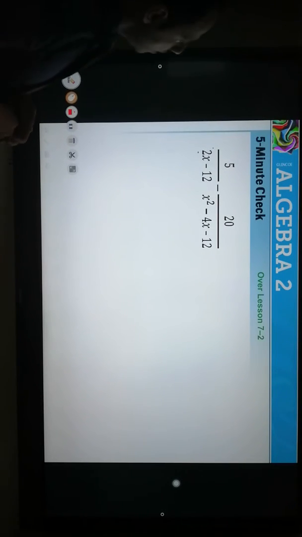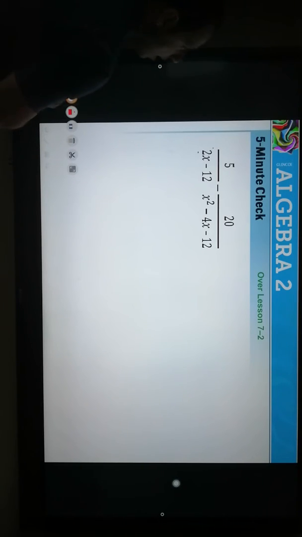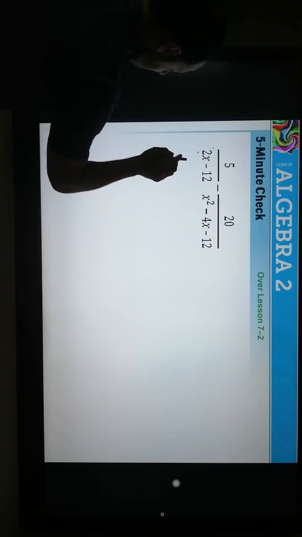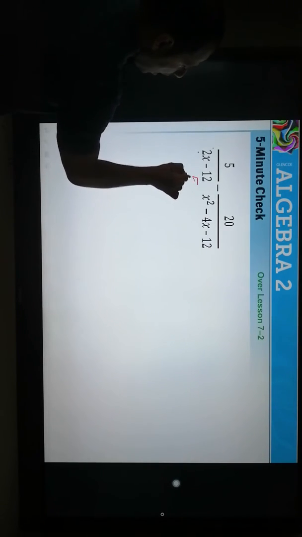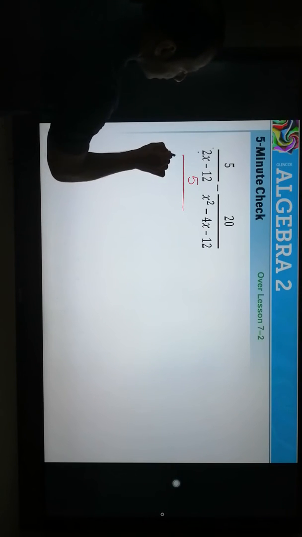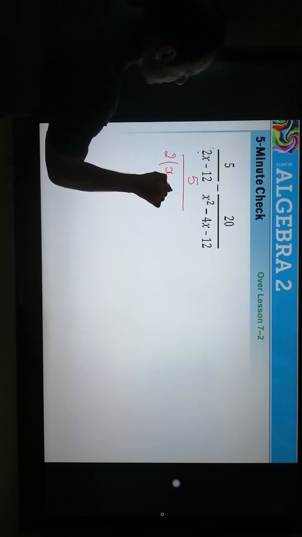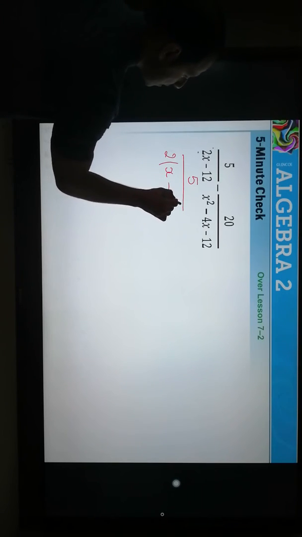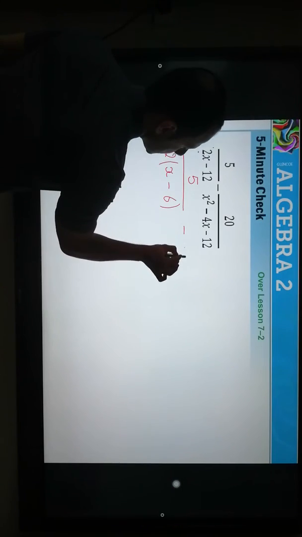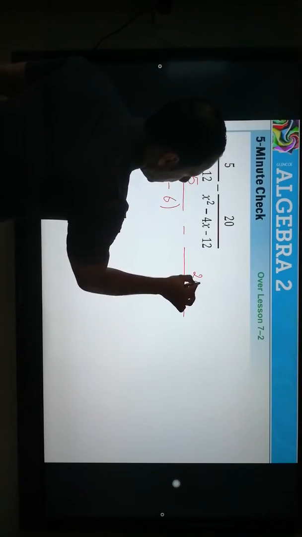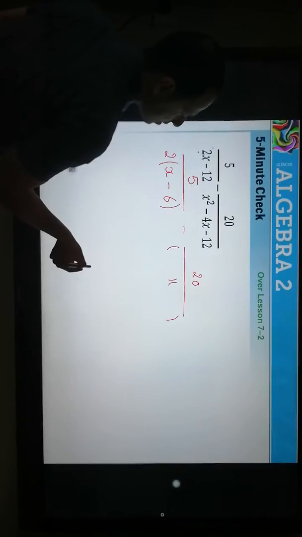Start with me. Yes, Khalid Al-Marif. Okay, just write here 5 and down, take 2 as a common factor: x minus 6. After that, minus. I write here 20 and 2 brackets. Factorize.